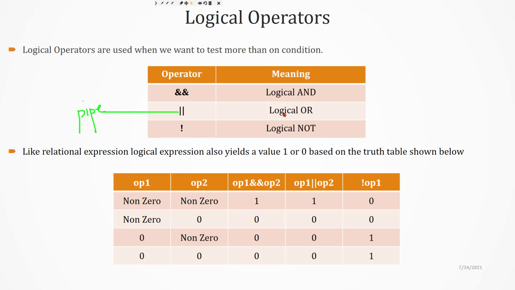So two pipe symbols form a logical OR, and this one exclamation mark denotes logical NOT. I will explain logical AND and logical OR with the help of some circuits. I have a battery.